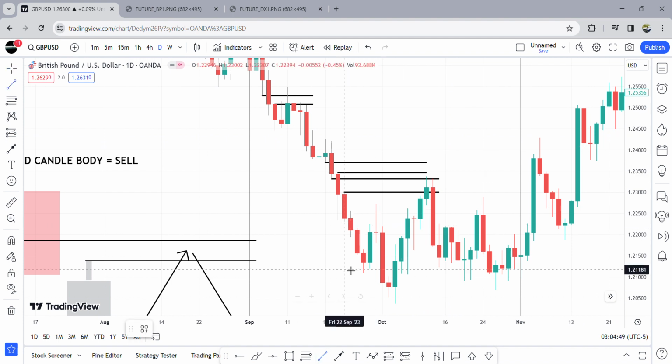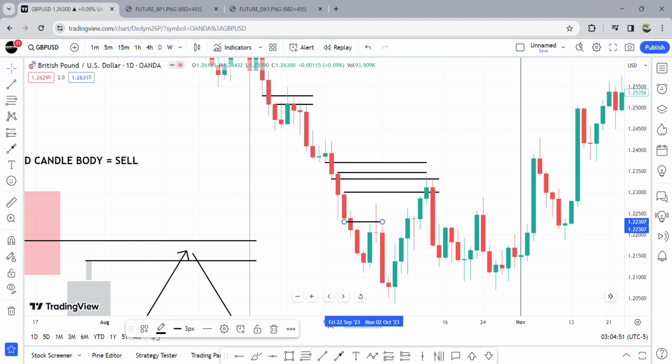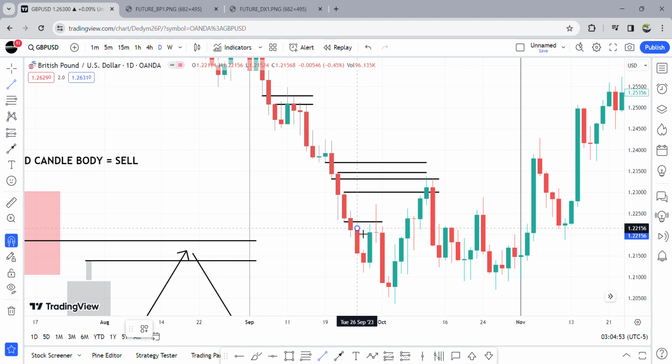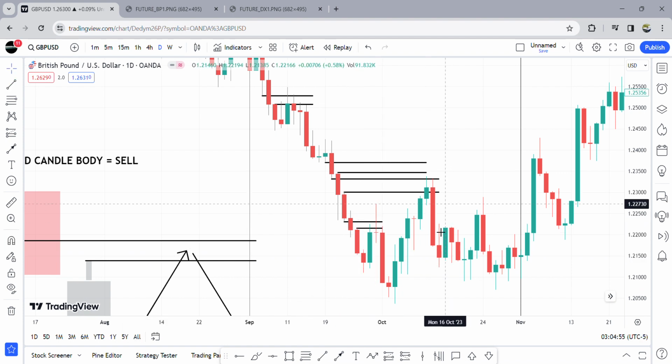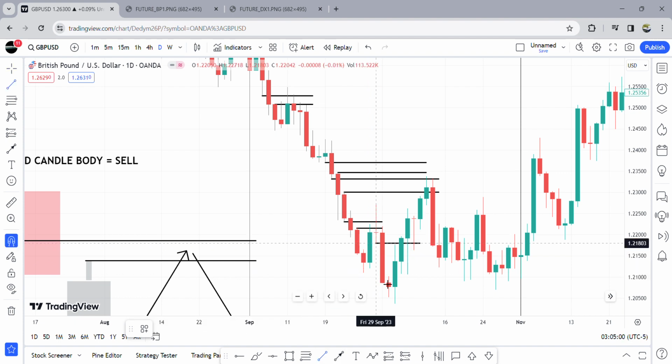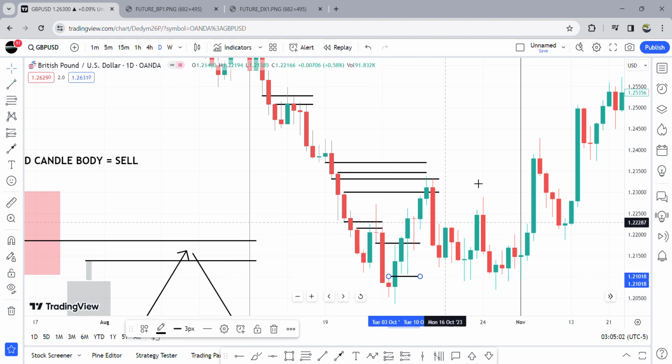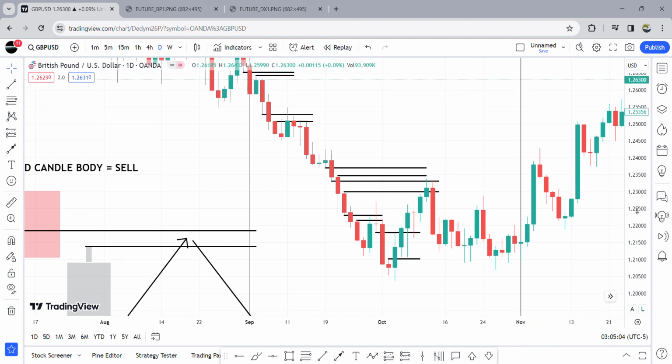Here's another gap. Here's another gap. Here is another gap.